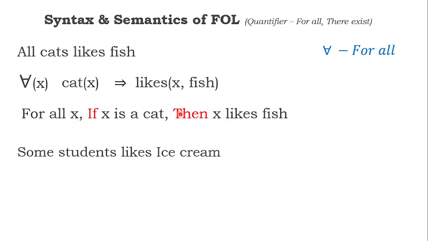Let us have one more statement. Now it is not for all, not everybody, only very few students. There exists some students who like ice cream, not all. Let us see the syntax. Students like ice cream: x likes ice cream.